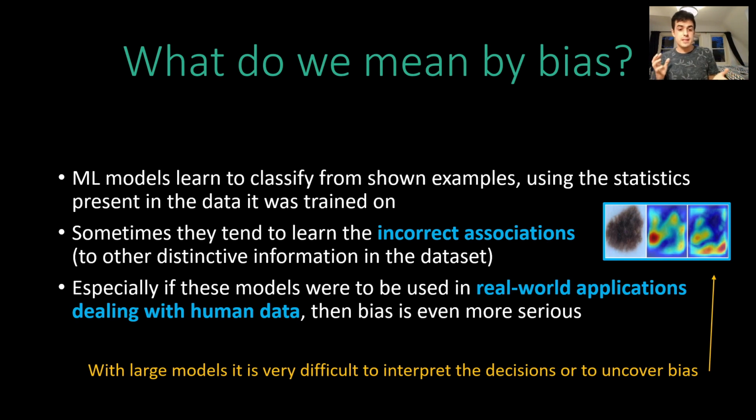Also, if these models are really large, it might be very difficult to interpret what we see in these decisions. There are some visualization techniques, but they may work better in smaller models, or they may work for one of these models, but not for this whole chained modular system where we are combining multiple things.